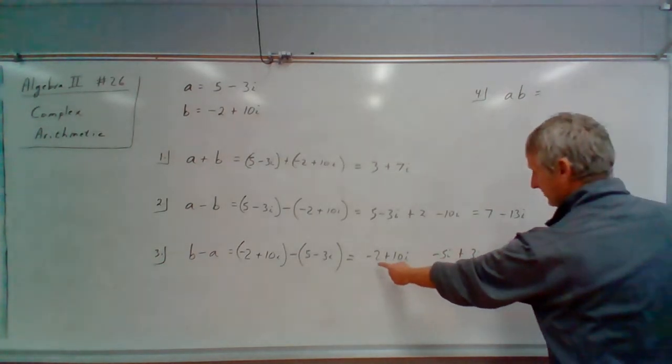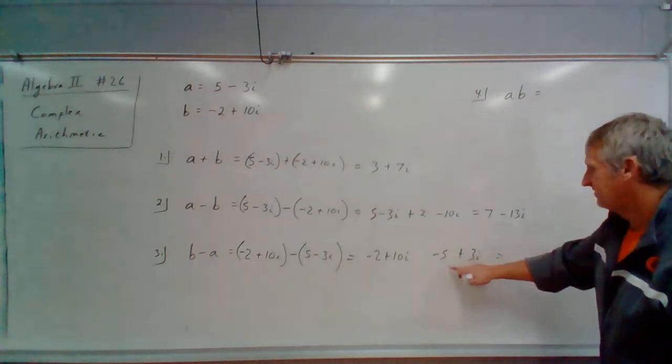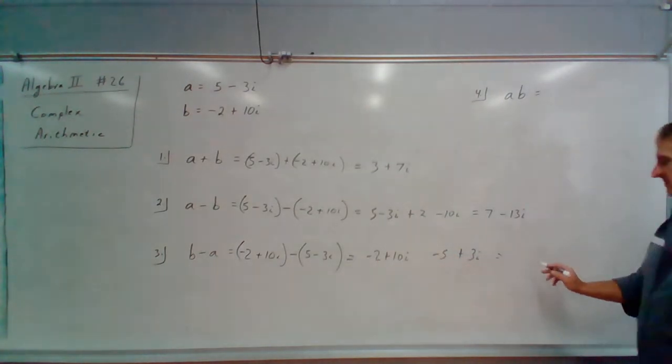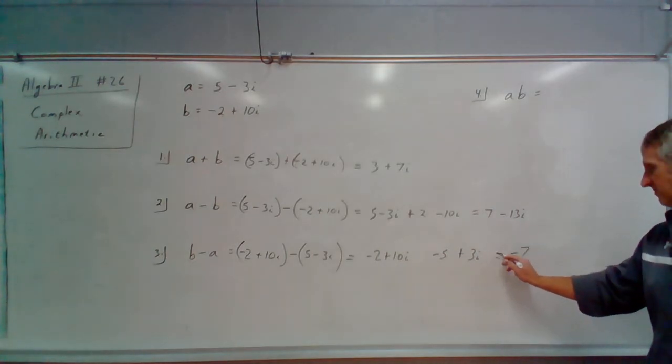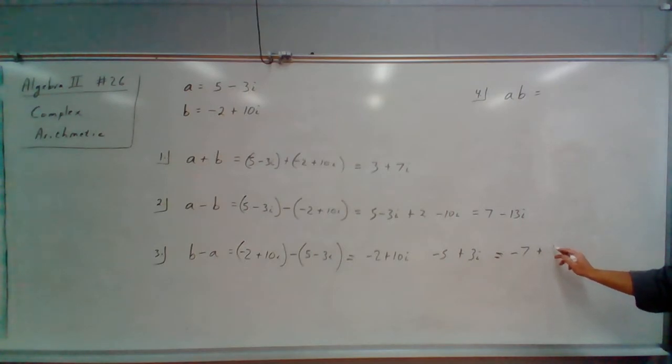So I have negative 2 minus 5, that's negative 7. And I've got 10i plus 3i, that's 13i.